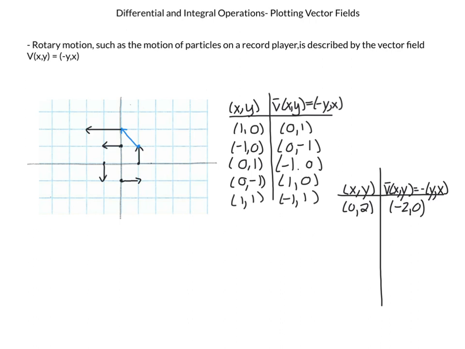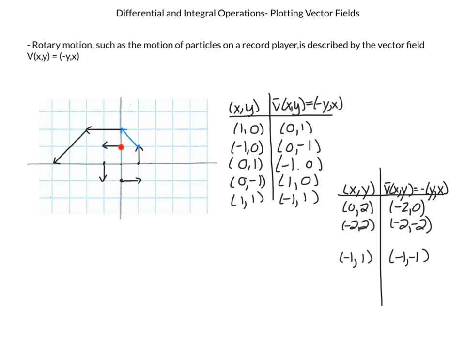That makes the next point that I want to look at this point here, which is the point -2, 2, and when I plug that into the vector field, I'm going to get -2, -2. Here I have my vector -2, -2, and I want to move it so that it starts at the end of my last vector.